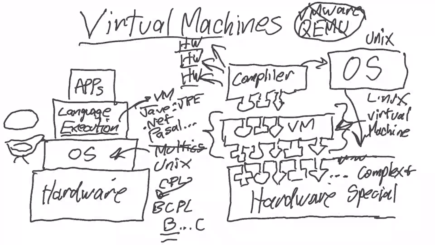These days the concept is almost everywhere, because it's so much easier to program things for a well-known intermediary layer. This is a layer, it's an abstraction layer, just like we had shown over here. And again, Java did it with the JRE, .NET does it, Pascal is one of the early languages that did it.